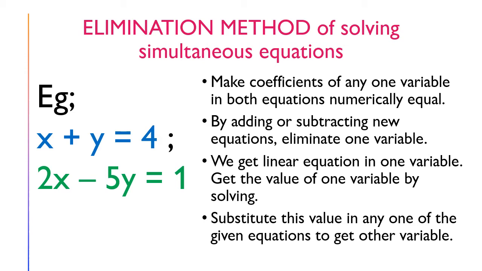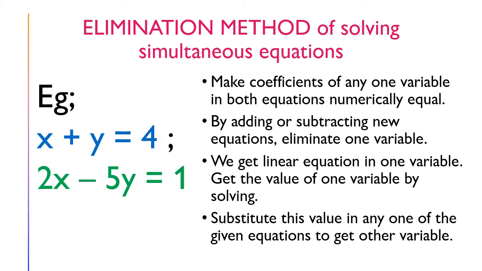It is very confusing to understand it in this way, so let us solve the sums and understand it in a beautiful way. But remember, the first step is to choose the variable whose coefficient you are going to make the same. Second, add or subtract to eliminate one variable.